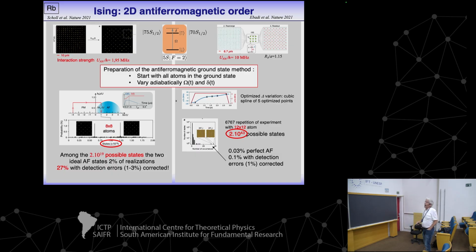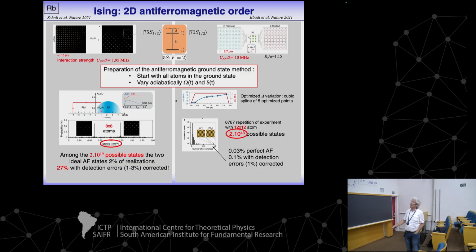And it's amazing that in the distribution of the populated states, which they measure by repeating the experiment many times and looking at the images, the images which are strongly favored with respect to the background are the two ideally expected antiferromagnetic states.